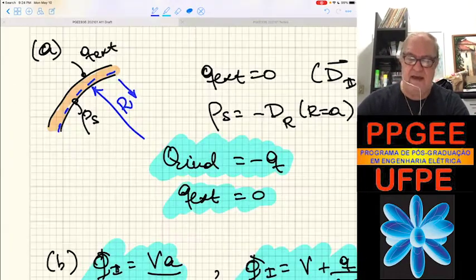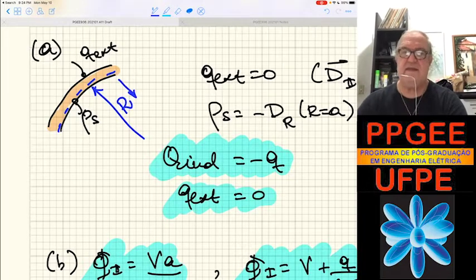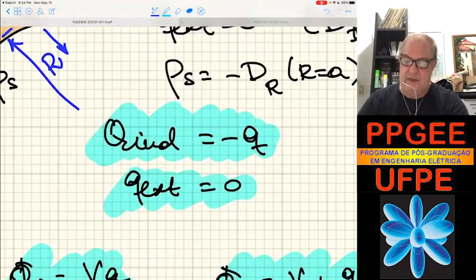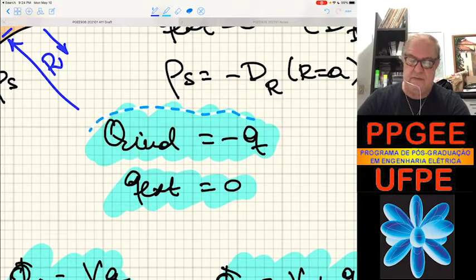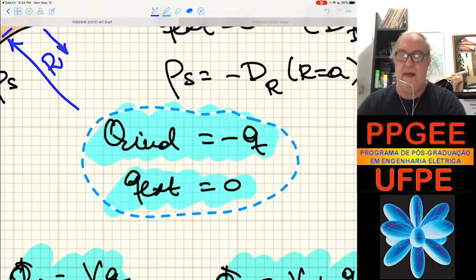So that's what we have, interestingly, right? The induced charge equals minus Q, and the external charge is 0.